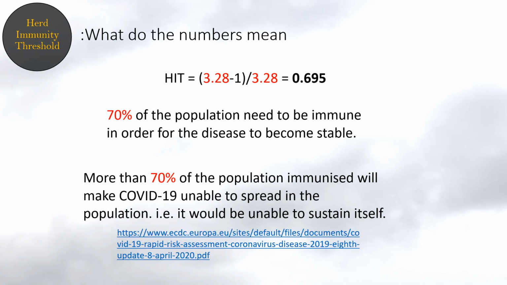Now, I'd like to note at the end of this that the 3.28 actually comes from ECDC as an R0 number. Now, I'd also like to state, also based on a previous video, that R0 is largely based on behavioral changes also.